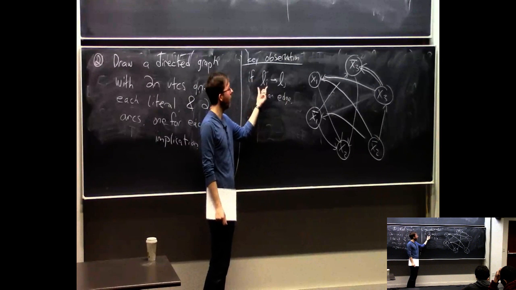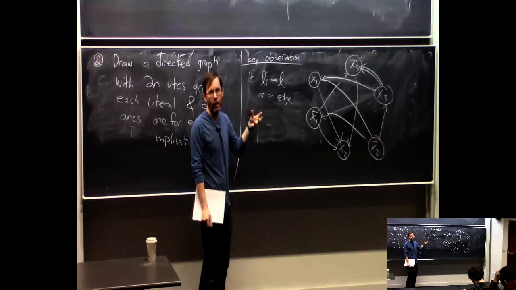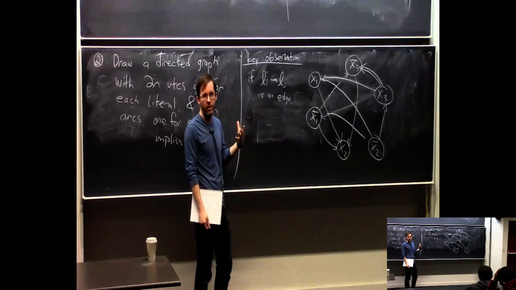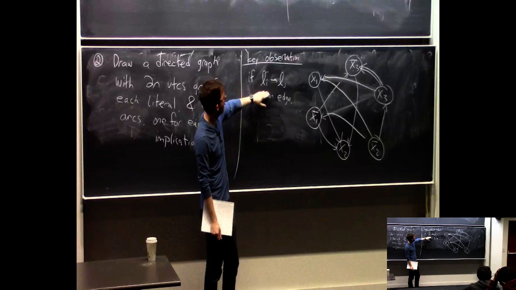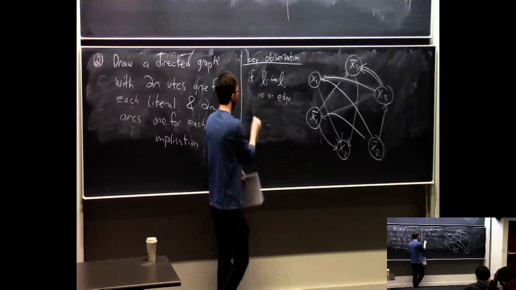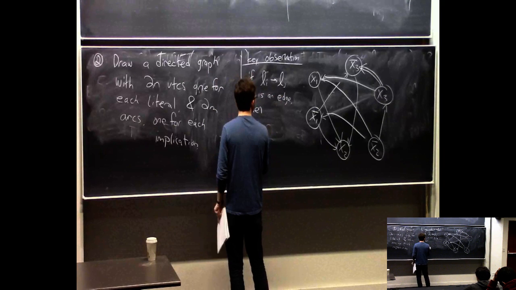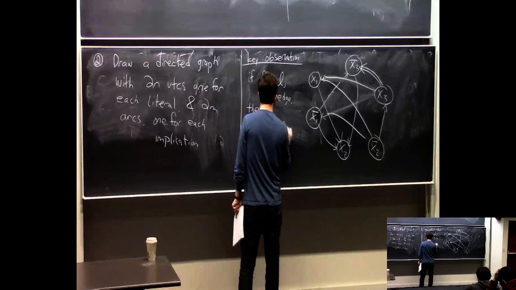So when I say Li, you should think of it means it's either a variable xi or not of xi. In this algorithm, there's no real difference. The algorithm doesn't do much different between a variable and its negation. So I often talk about literals. So if there's an edge from this literal to that literal, then there's also an edge, sort of like an antisymmetric edge, from Lj bar to Li bar.